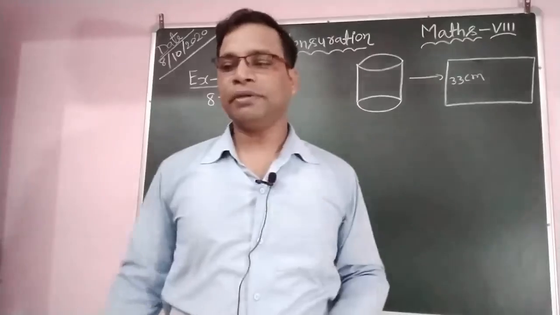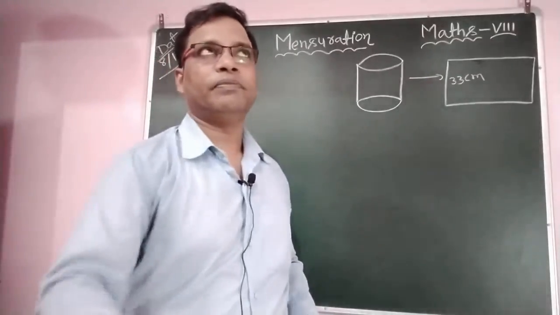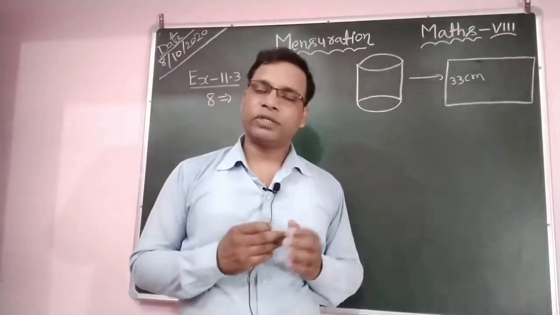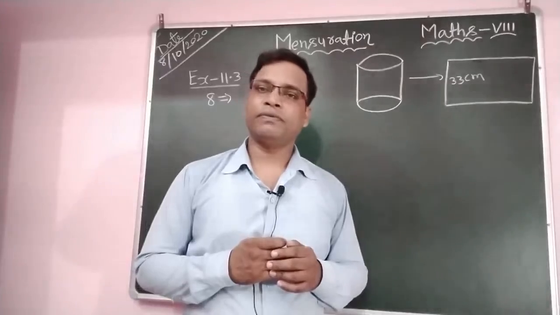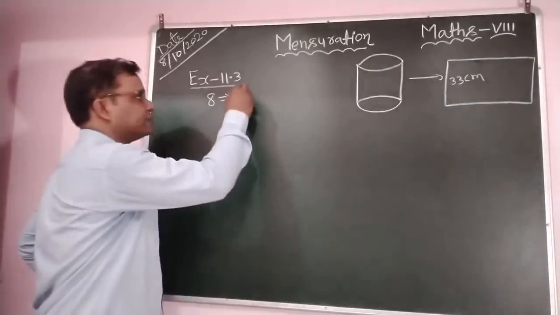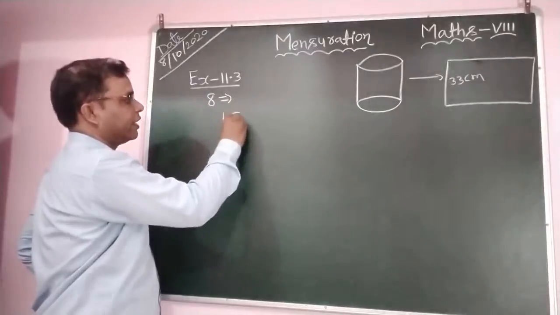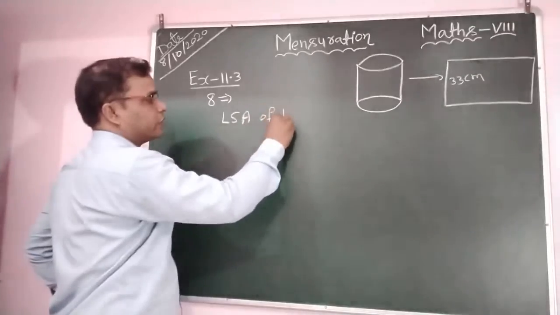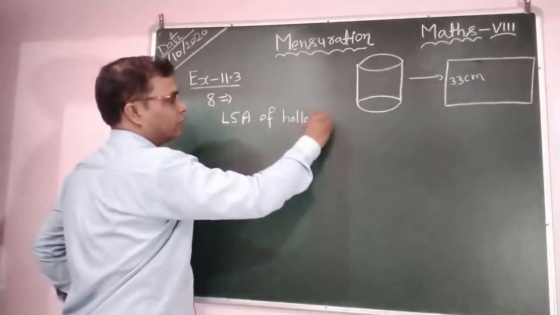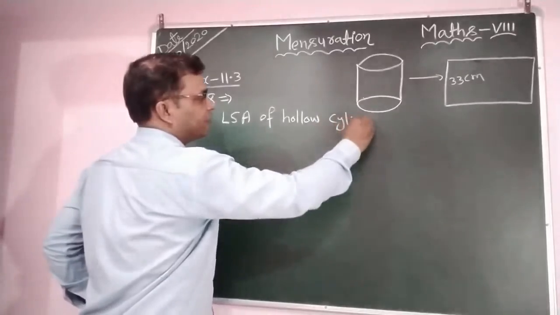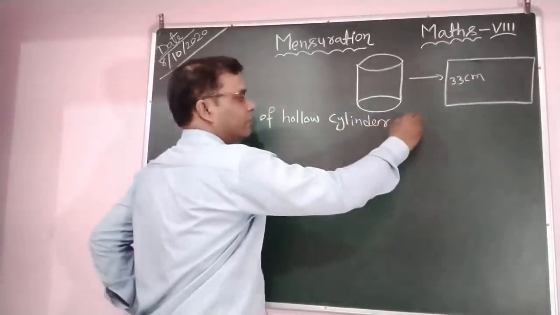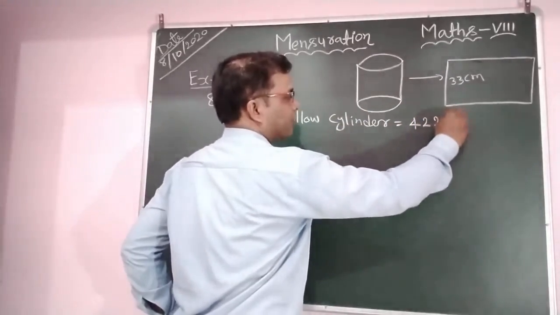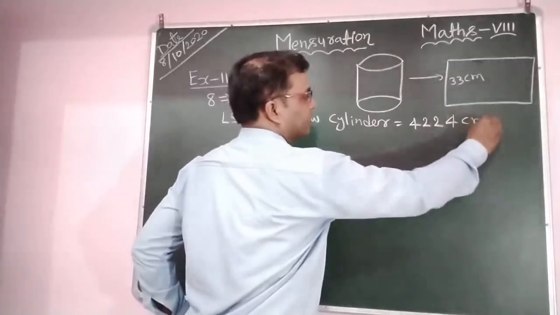In this question, it is given that the lateral surface area of the hollow cylinder is 4224 centimeter square. So first you write LSA, which means lateral surface area of hollow cylinder, is 4224 centimeter square.